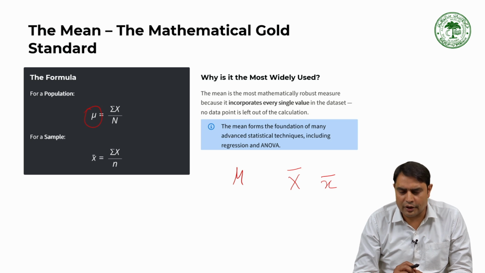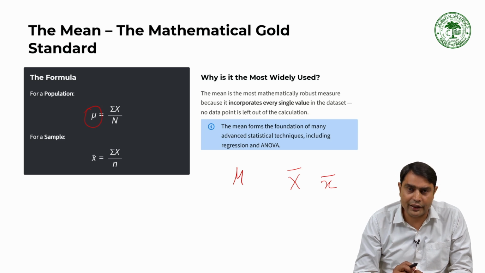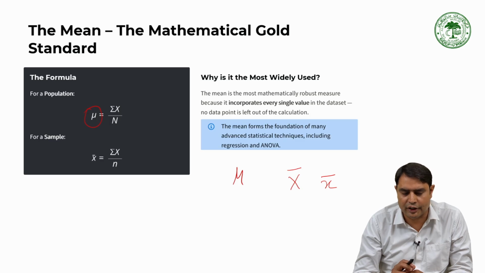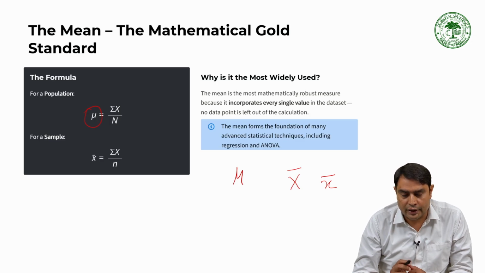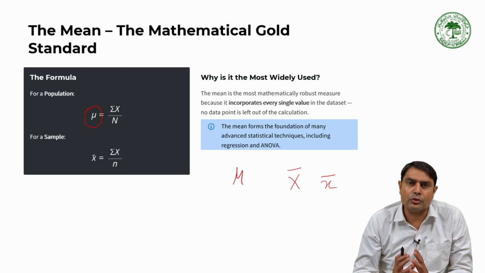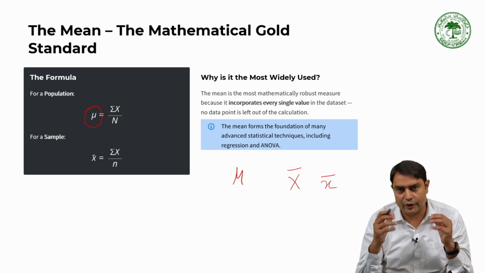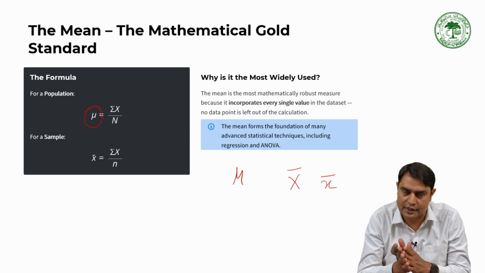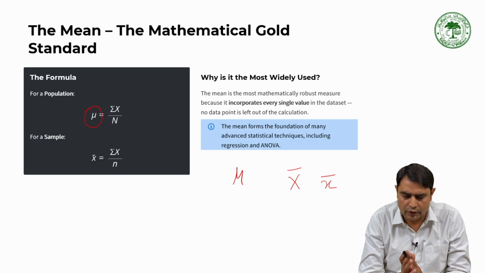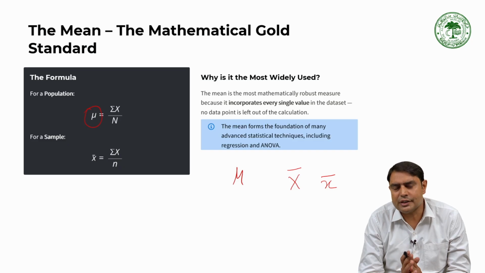So, this is the representation, and how are we getting the mean? Obviously, the simple mean can be calculated as summation x divided by n, where n is the number of observations in our data set and x is the total of those observations. Means we are adding the values and getting the total, and that has to be divided by the number of observations, which is n. So, calculation of the mean is simple.